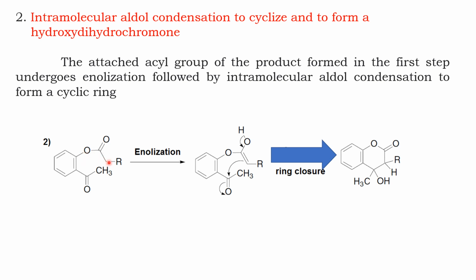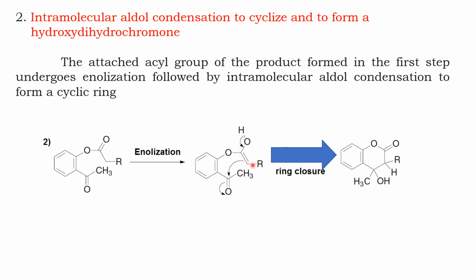Now see here, we have an alpha carbon atom here, an alpha carbon atom here. So this has a hydrogen atom. So that H plus undergoes enolization with the C double bond O, so that it will result in the formation of an enol. See, this is an enol.